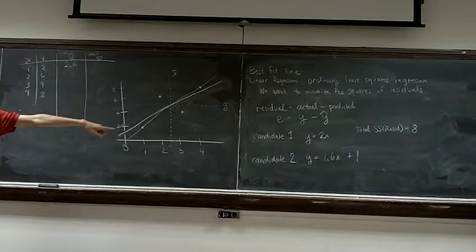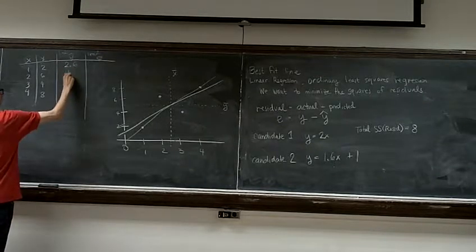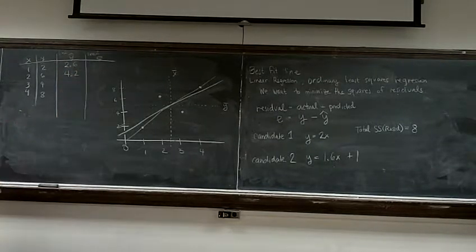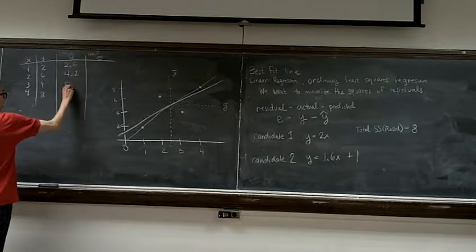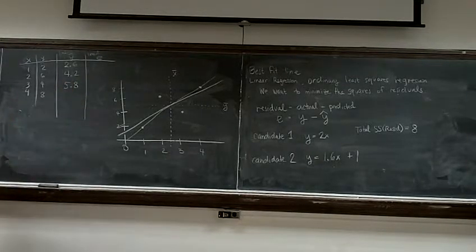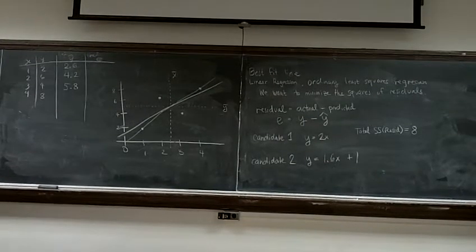And then I plug in 2. 2 times 1.6 is 3.2 plus 1, I get 4.2. I plug in 3, and I get 4.8 plus 1, 5.8. And I plug in 4, and I get 6.4 plus 1, 7.4.